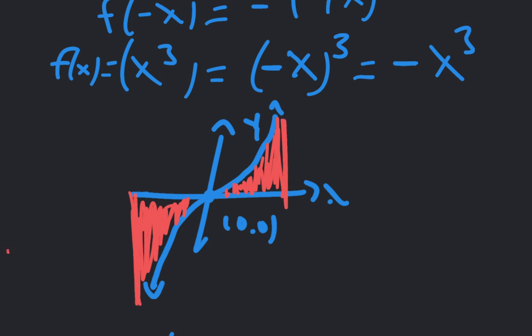Let's say this is x equal to 1, and this is x equal to negative 1. And we want to find out how much area is underneath it. Well, due to symmetry, we can say that these areas cancel out and it just becomes 0. So this is the basic idea for even and odd symmetry.